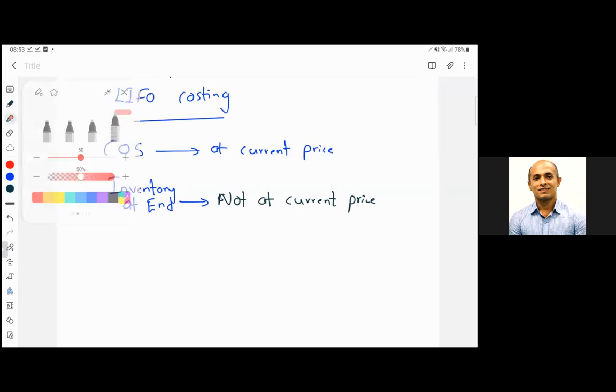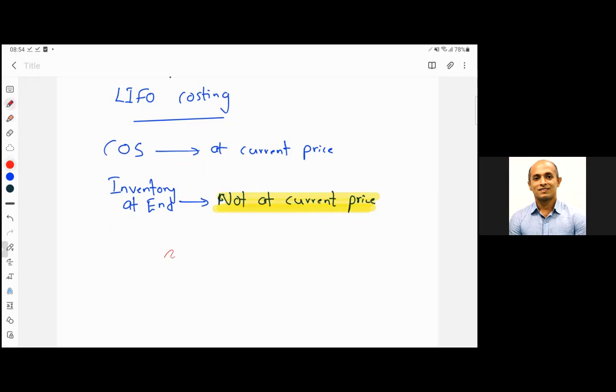So this is where you need to adjust. This inventory value, you need adjustment for this inventory value because it is not at current cost.